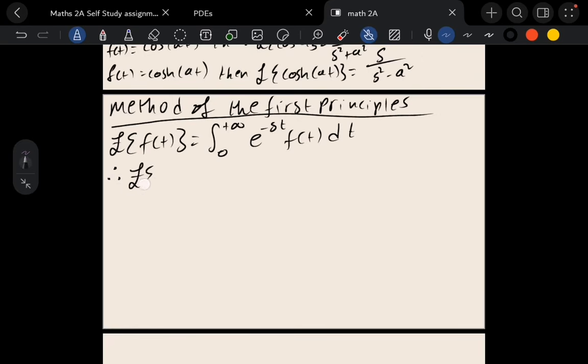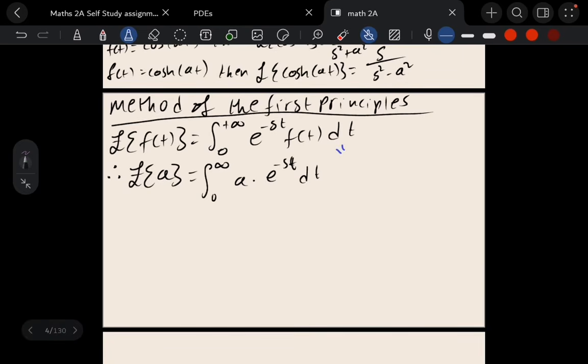So the first one. What is the Laplace transform of a? So a can be any number. So we are going to say from 0 to infinity, a times e to the power negative st dt. Another thing that you need to notice here is that we cannot just substitute infinity in.